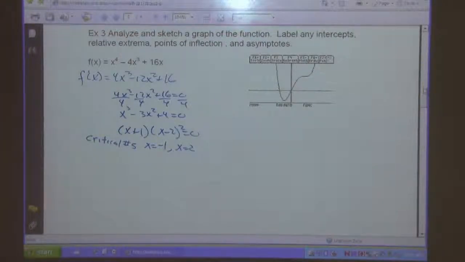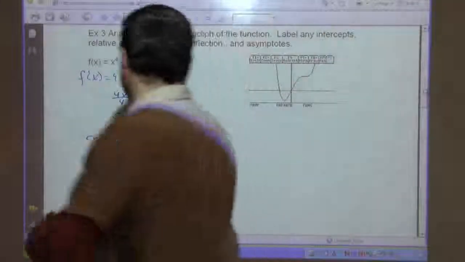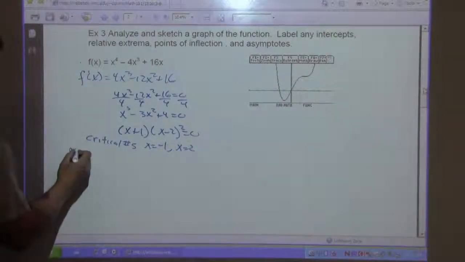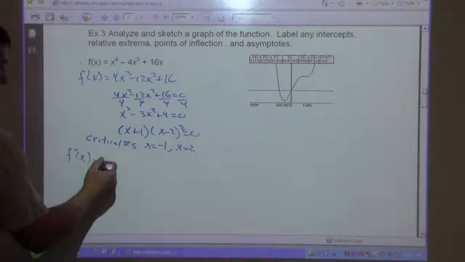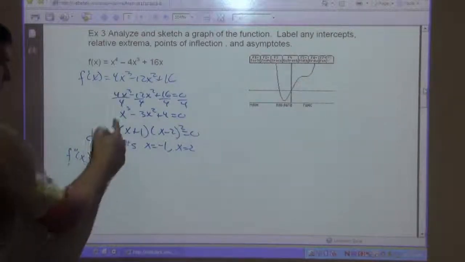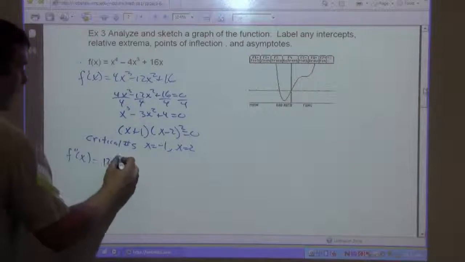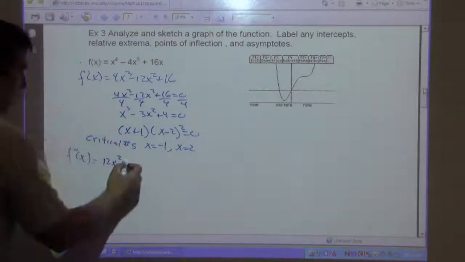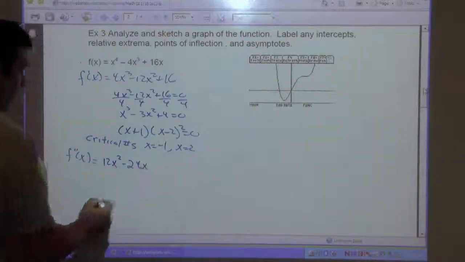Now, for the next part, let's find our second derivative. This function is a lot nicer to work with. F double prime of x is going to be 12x squared minus 24x.